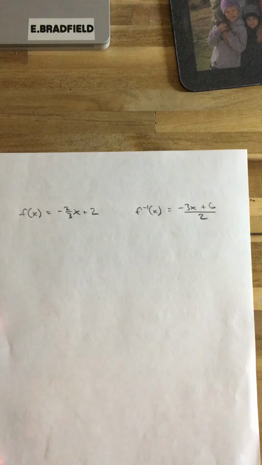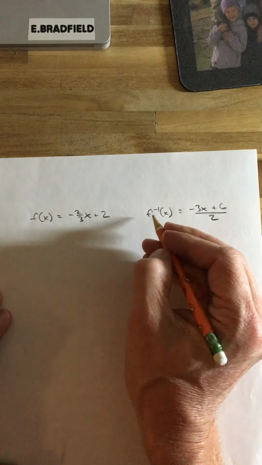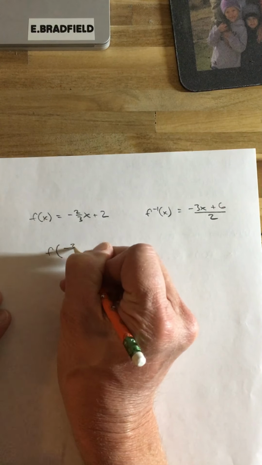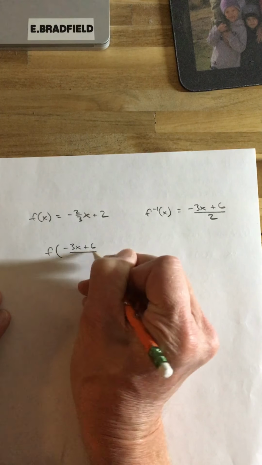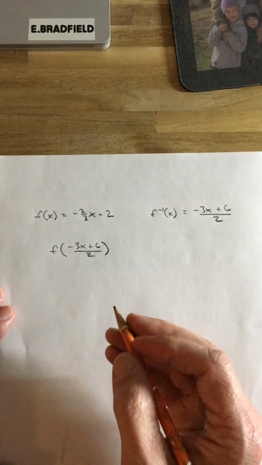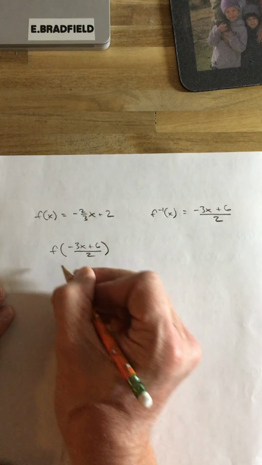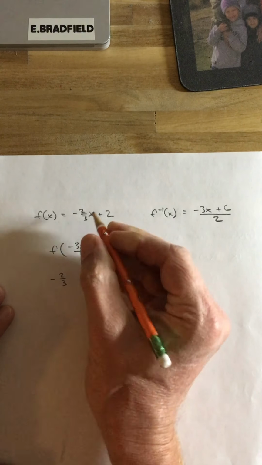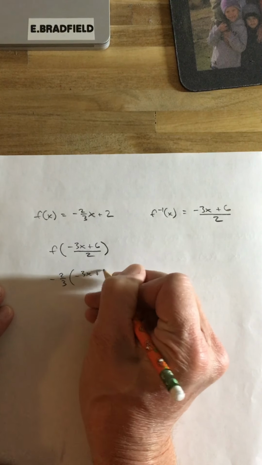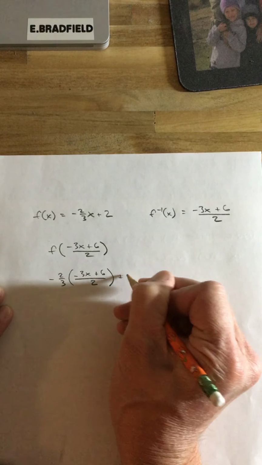All right, so let's go ahead and compose the two. So f of this guy, right? So f of -3x plus 6 over 2, okay? And now it's f of this. So it's negative 2/3 times x, which is this. So times negative 3x plus 6 over 2. Okay, and then plus 2.